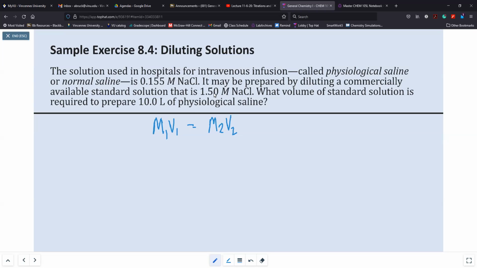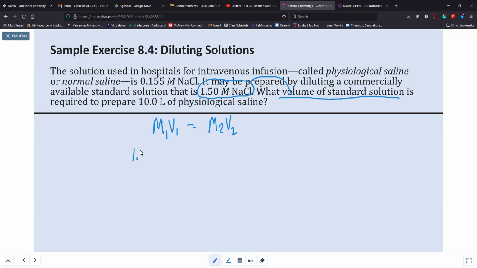So the standard solution is 1.5 molar, and we're asked what that volume is. So these two are going to go together on one side of the equation. It doesn't really matter which side. Traditionally, we think of this as the standard side, and this is the diluted side, but the algebra is going to work the same either way.